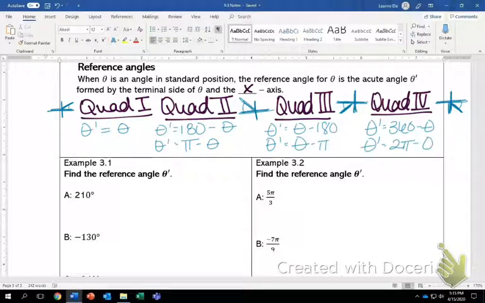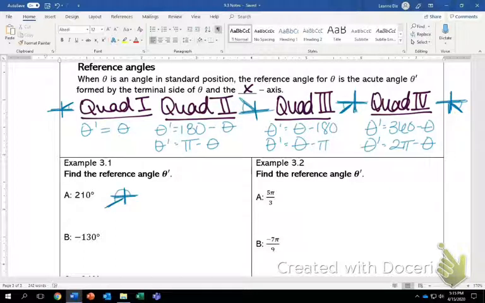All right, so let's do an example. Example 3.1, find the reference angle theta prime. Okay, yeah, that makes sense. All right, so I'm going to draw the picture first. 210 is in my third quadrant here.